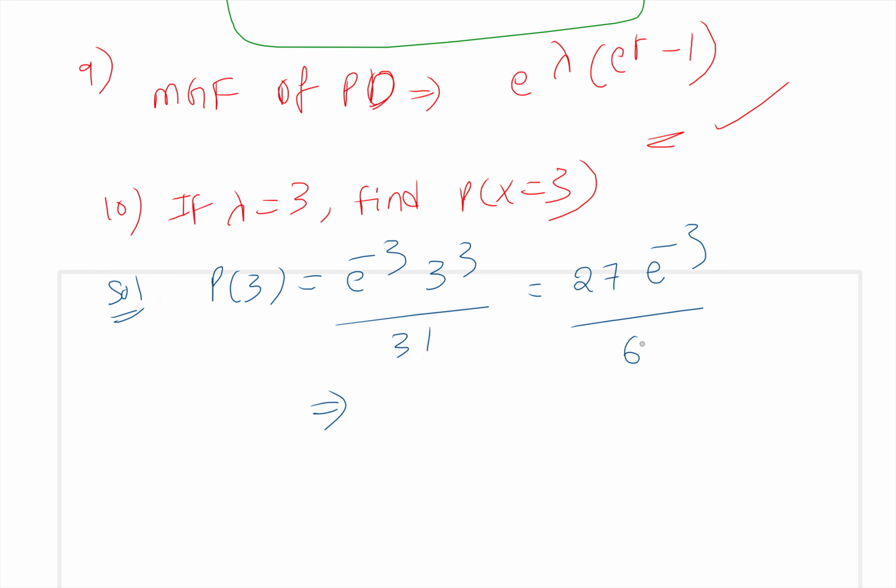After calculating this, e to the power of minus 3 is 0.0498, and then we get 0.2240.